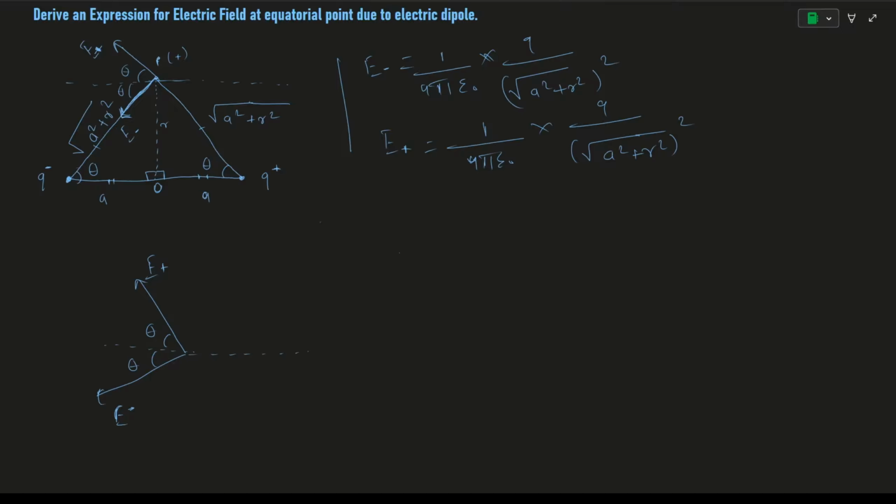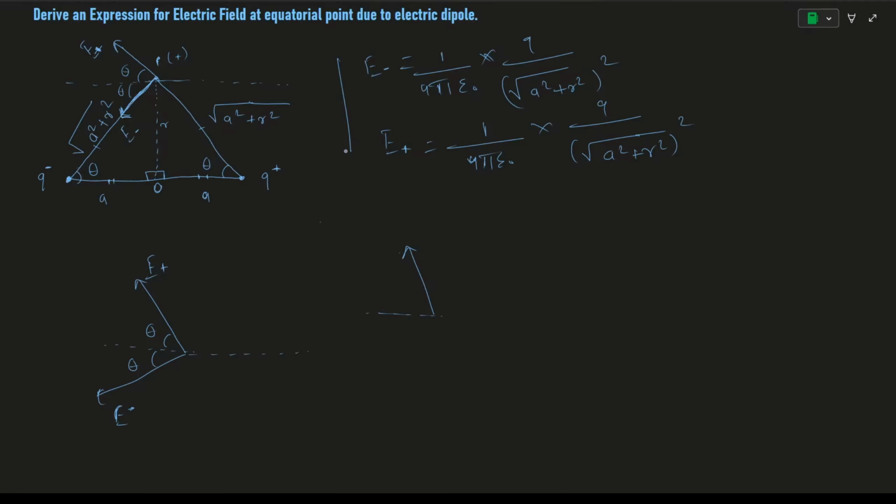In previous standards, we have learned how we can resolve vectors. Whenever we have a vector, we have learned the resolution of that vector. Why do we need to resolve the vector? Because we have to find out the net electric field. So that's why we are going to resolve these two vectors, E plus and E minus. So we need to resolve the vector two times.